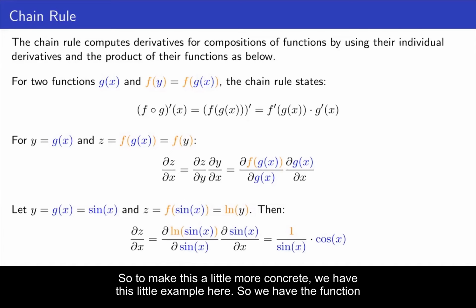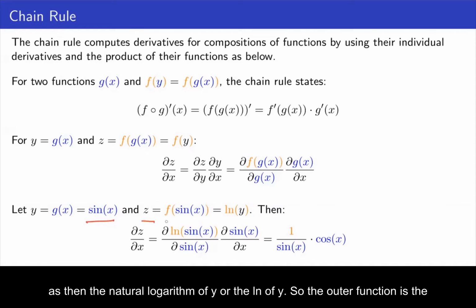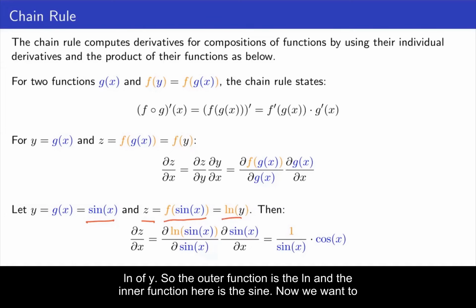To make this a little more concrete, we have this little example here. We have the function y equal to g of x as sine x, and then we can write z as f of sine x, as this composition function, the natural logarithm of y, or ln of y. So the outer function is the ln, and the inner function here is the sine.